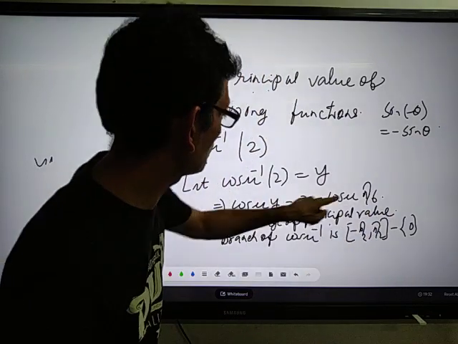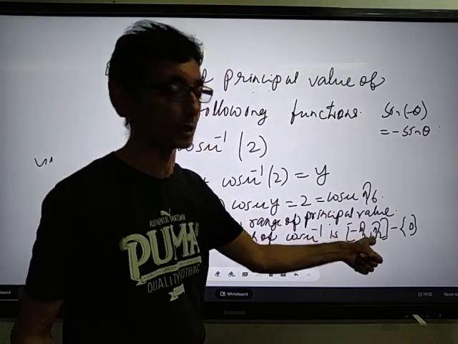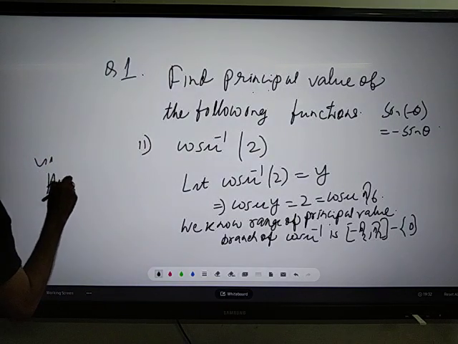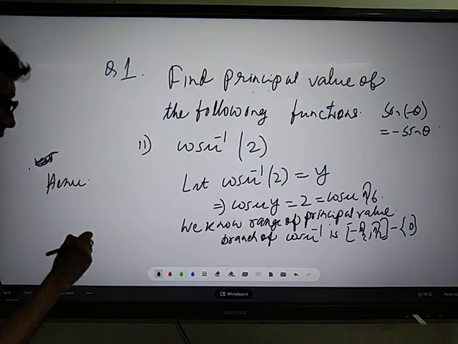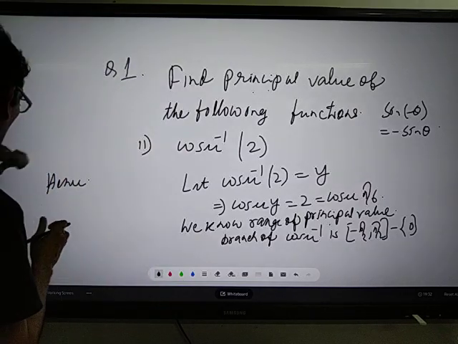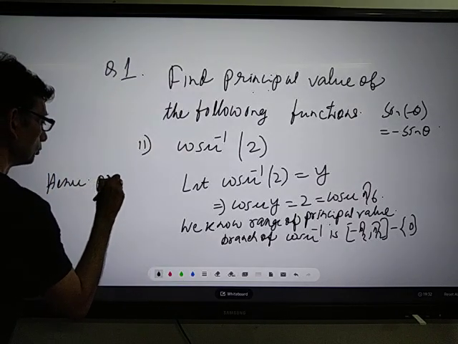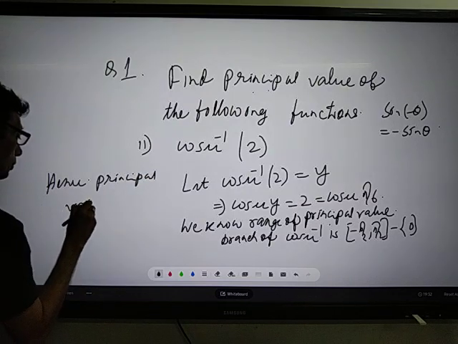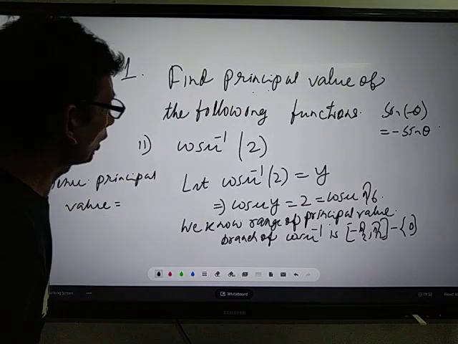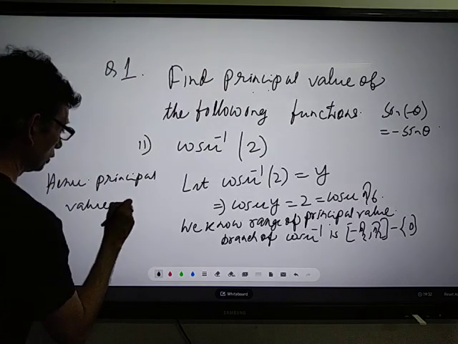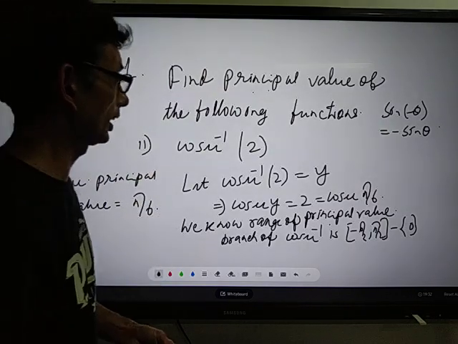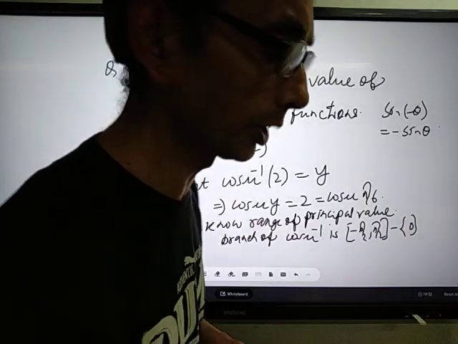Now we have to check pi by 6. Yes, definitely pi by 6 lies between minus pi by 2 to pi by 2. Hence the principal value of cosec inverse 2 is equal to pi by 6. Done? Okay, let's move to the next question.